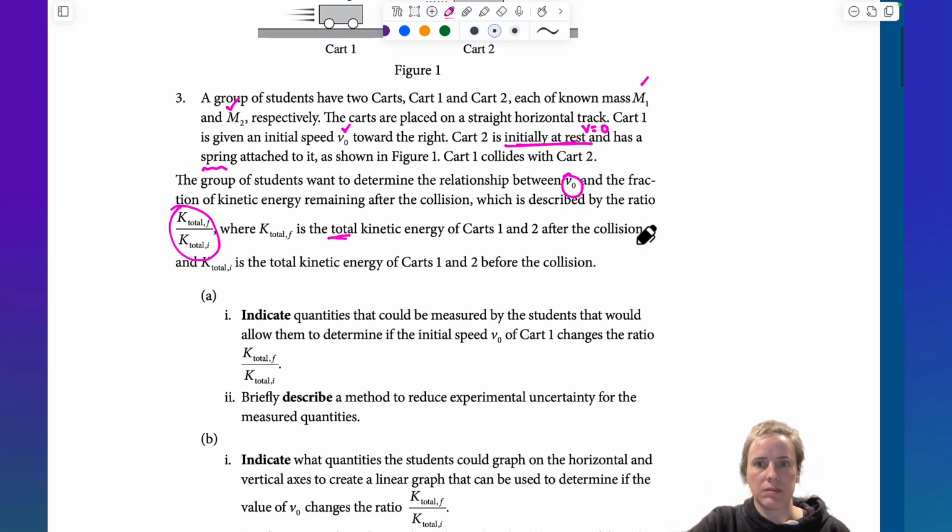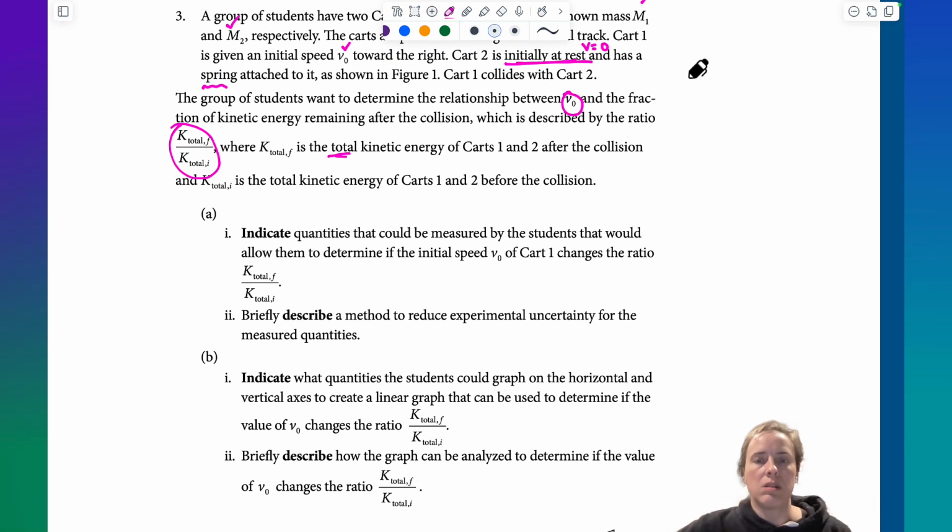That's our mission. So that means we need to know some way to measure v0 and some way to measure that total kinetic energy. Now this one's a little bit trickier than normal because the thing that we can directly measure is kind of hidden inside this ratio, right?